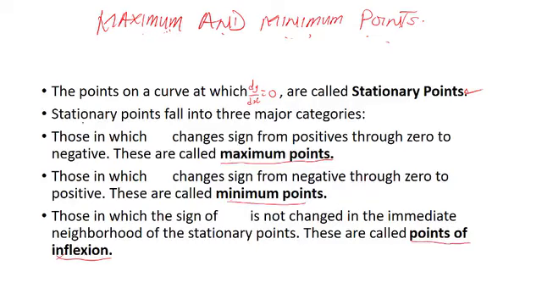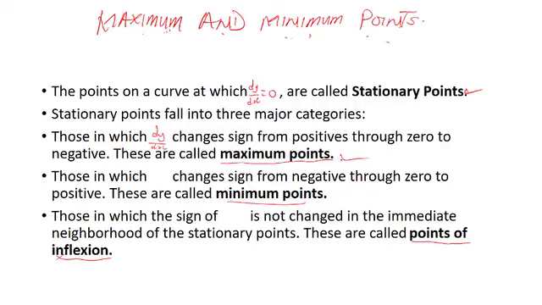Now, those in which dy/dx changes sign from positive through 0 to negative, these are called the maximum point. So each time your value of dy/dx, that's your rate of change, goes from positive to negative, then that point is called your maximum point.